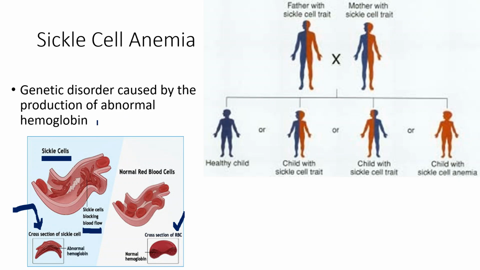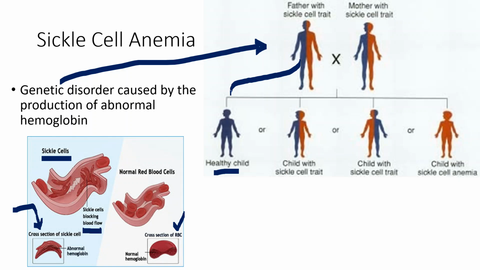Now, the genetic part: it is a genetic disorder. What you're looking at here, the blue side is the healthy gene, and the orange is the recessive damaged gene. The father and mother, both with sickle cell trait, are carriers of the disease. They don't actually have it. But when they have offspring, you can see that a fourth of the time, 25% of the time, if the baby gets the good gene from dad and the good gene from mom, they can be a healthy child.